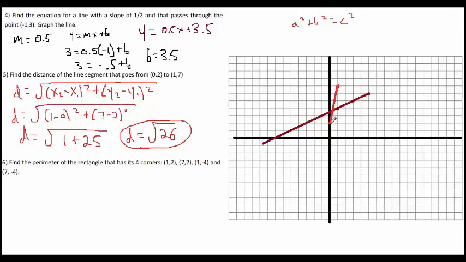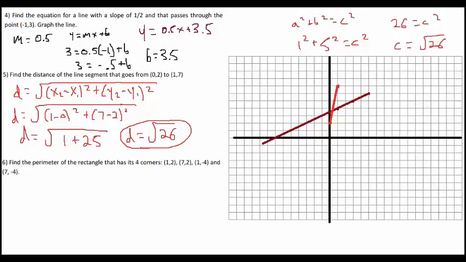This direction would be 1 squared, plus this direction would be 1, 2, 3, 4, 5 squared, equals c squared. 1 squared plus 5 squared is 26 equals c squared. So c would be the square root of 26, which is the same thing we got. Really, these two things are the exact same thing. One is just writing it out, and the other is writing a little bit less of it out. But it's the same idea.